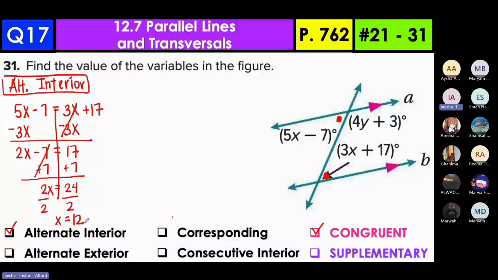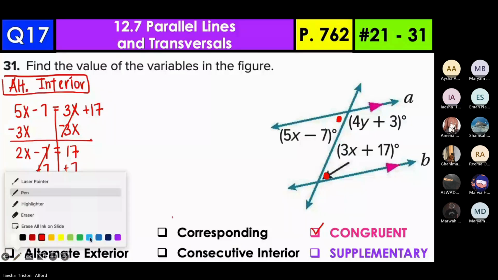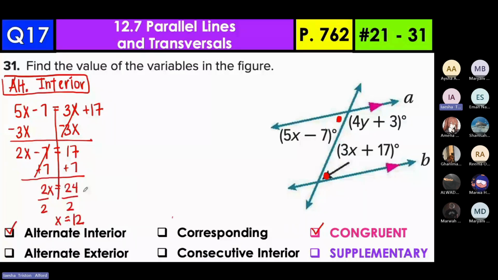What's the part 2? Take 5x subtract 7 and replace the x with 12. Good. We're going to find the measure, right? You want 5x subtract 7? It doesn't matter. You can do 5x subtract 7, or you can do 3x plus 17. It does not matter which one you do. Okay, I'm going to do 3x plus 17 so we can see a different name.